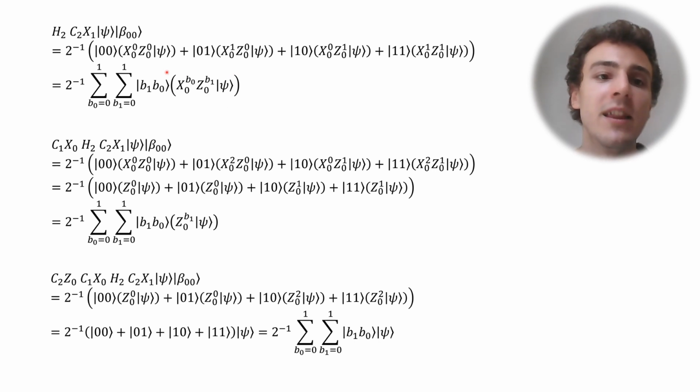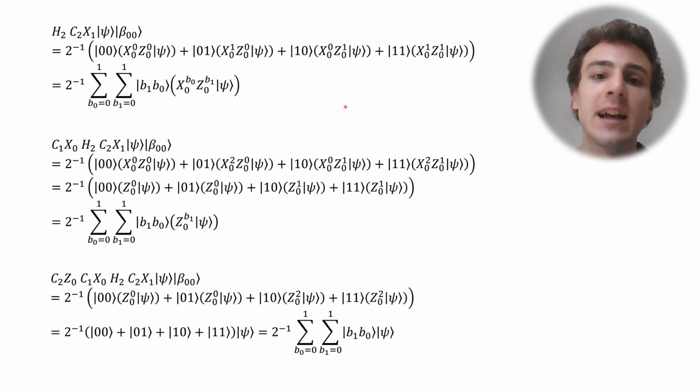Let's examine the 4 states in this superposition. We have 4 options for the computational basis state on the left. So these options are 00, 01, 10, and 11. On the right, these values of the bits that are present over here, they appear as exponents.